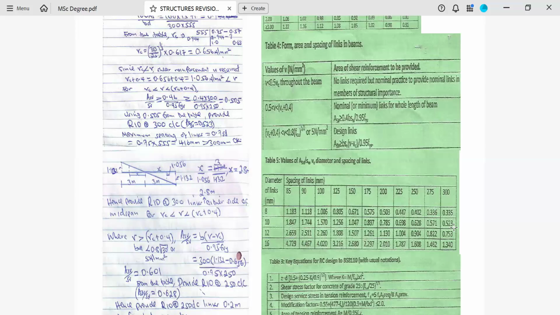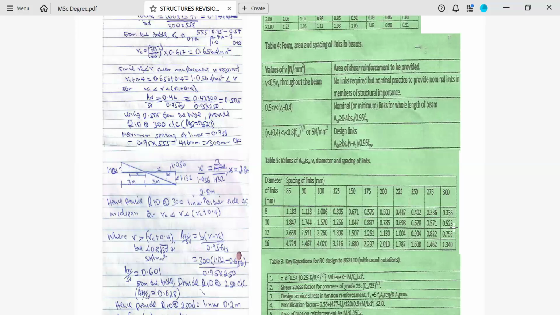So this tells me that this 10 millimeter at 300 center to center link should be placed a distance of 2.8 meter on either side of midspan.